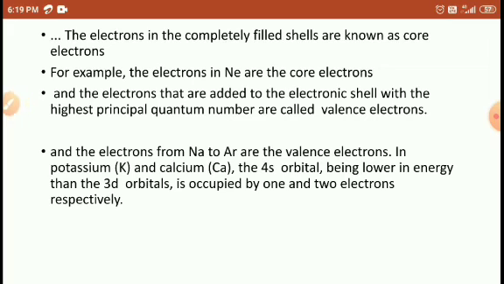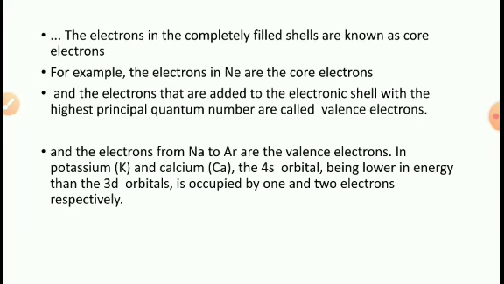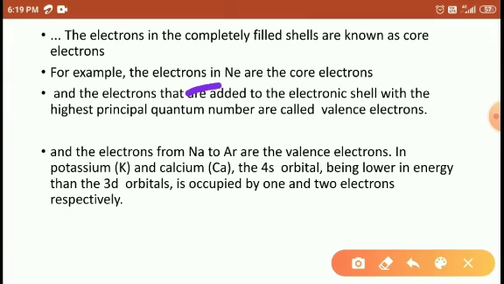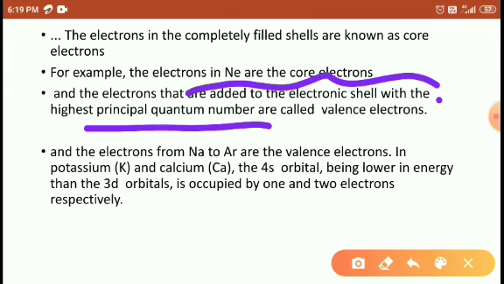The electrons added to the electronic shell with the highest principal quantum number are called valence electrons. Whatever extra electrons are left in the outermost principal shell, we call the valence electrons.